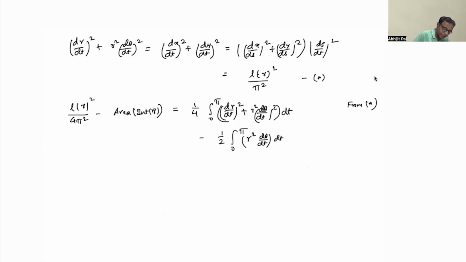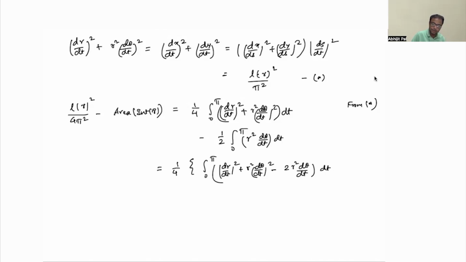Okay, and so this will be equal to 1 by 4 times the integral 0 to pi of (dr/dt) square plus r square (d theta/dt) square minus twice r square d theta/dt, whole times dt.